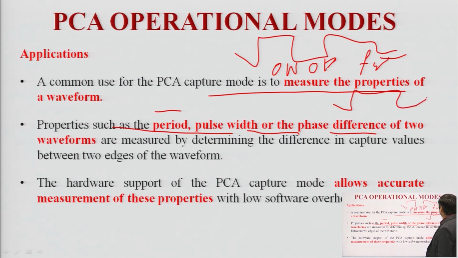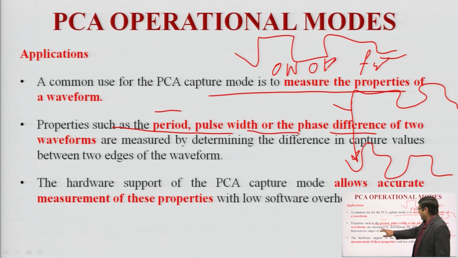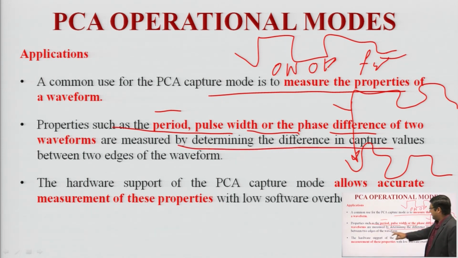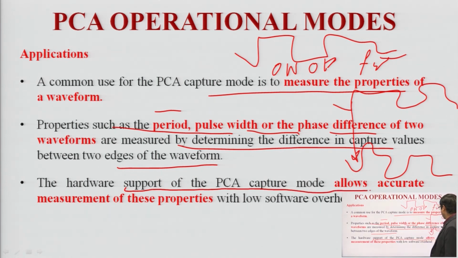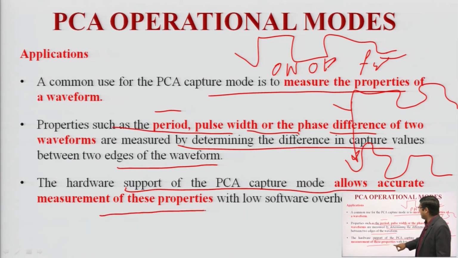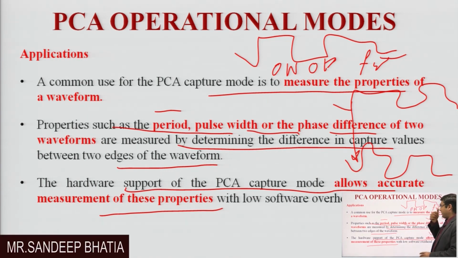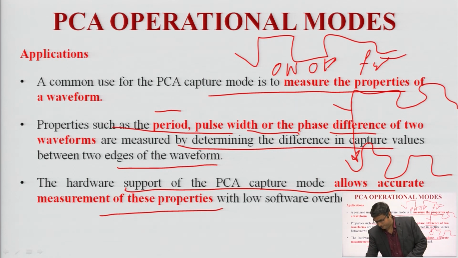If two signals are generated, we can determine the phase difference from the difference in capture values between the two edges of the waveforms. The hardware support of the PCA capture mode allows accurate measurement of these properties. So by using the PCA timer, we can calculate the properties of the waveform, such as its frequency and wavelength.